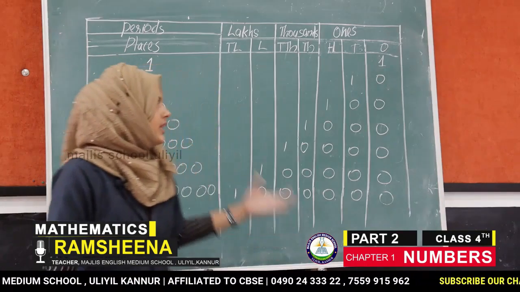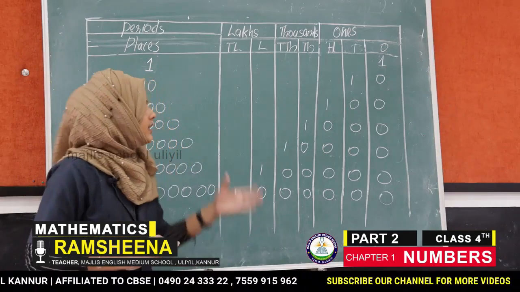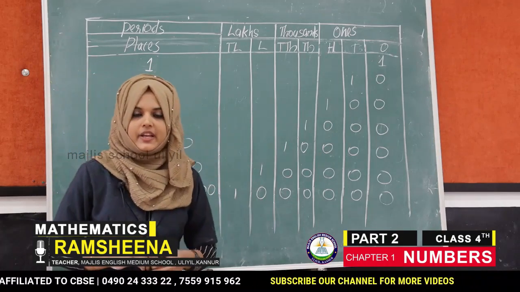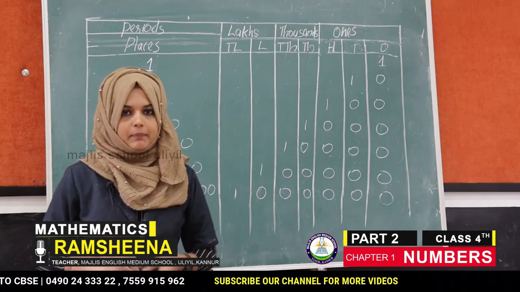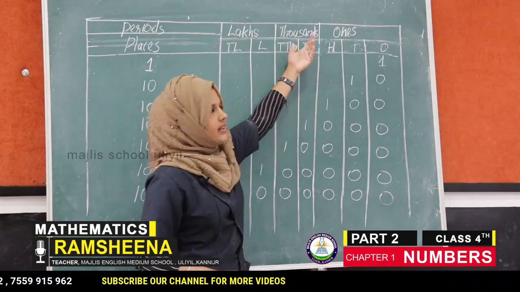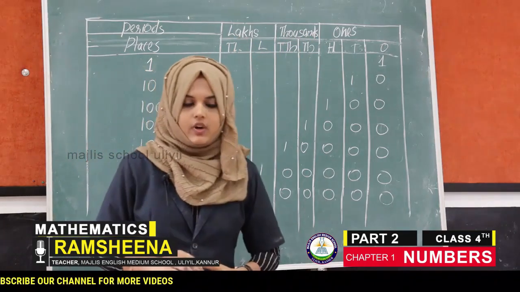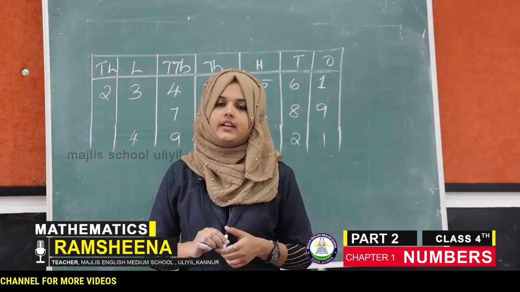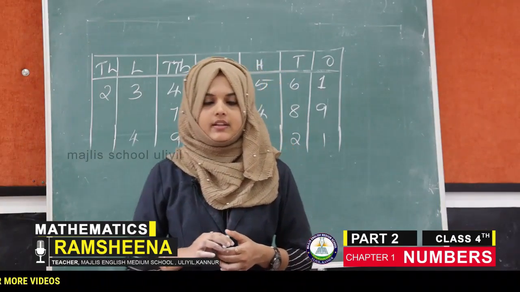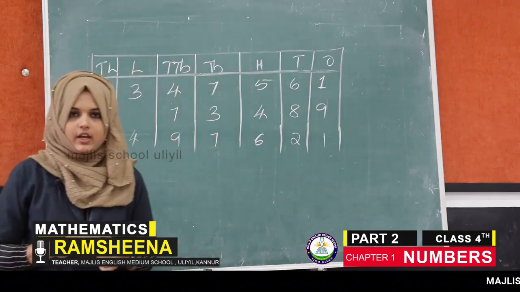This is the place value chart of a 7 digit number, and these 7 places have been grouped into 3 periods: ones period, thousands period and lakhs period. While writing a number we separate periods using commas.